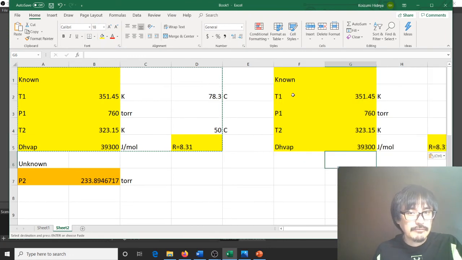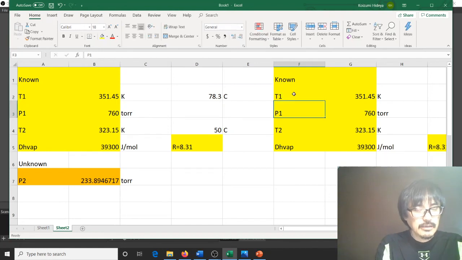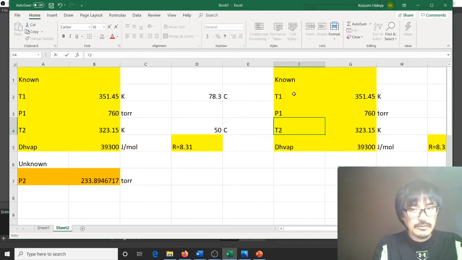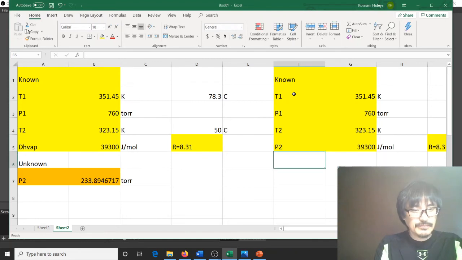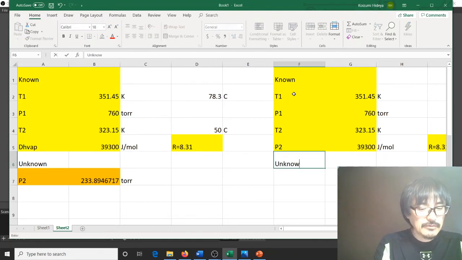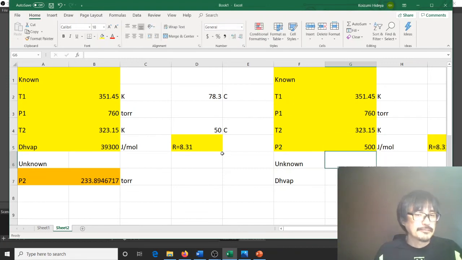What happens if I know T1 and P1 and T2 and P2, but the unknown is the delta H of vaporization? What's going to happen to this guy right here?